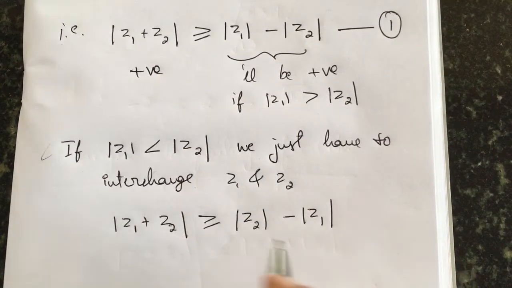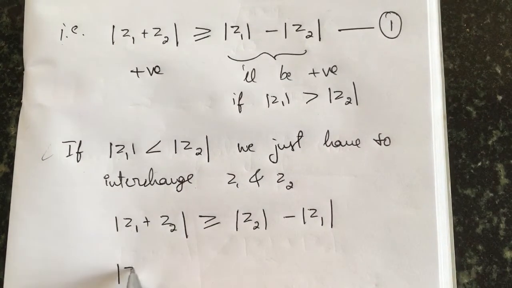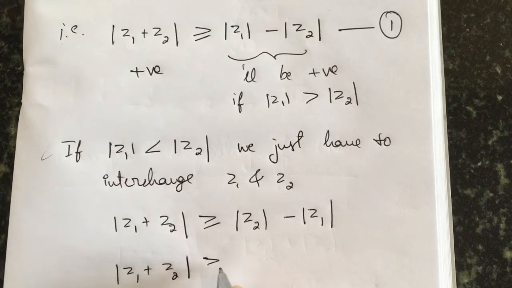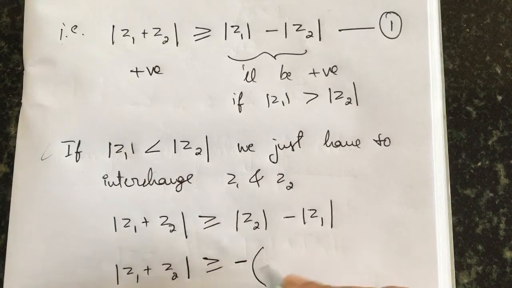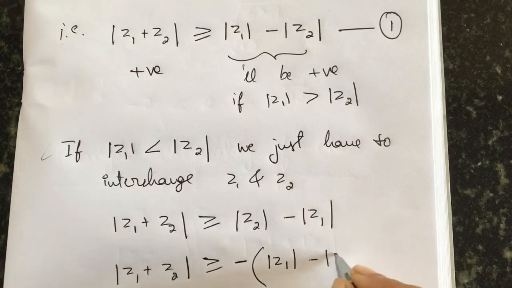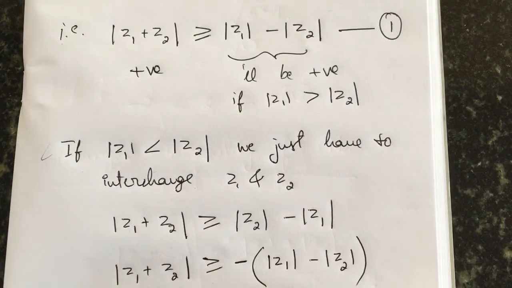And this is same as writing mod z1 plus z2 will be greater than or equal to minus of, suppose I can even write it like this, mod z1 minus mod z2. Is it okay?